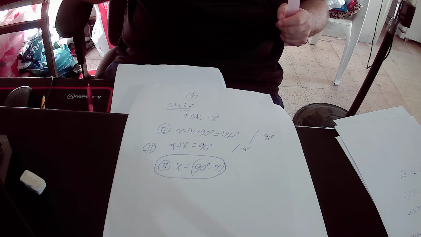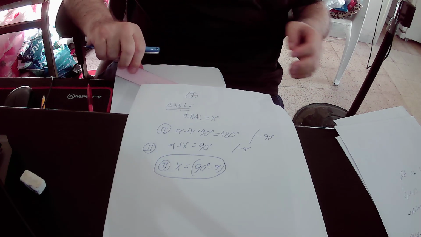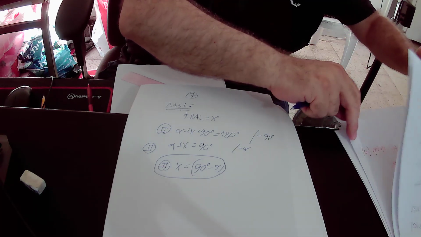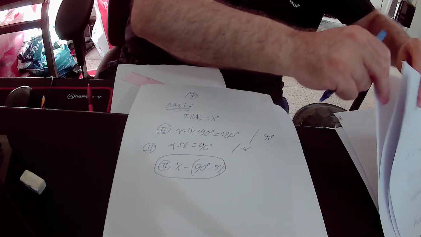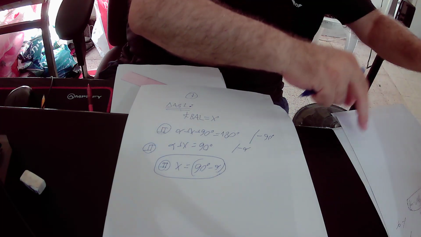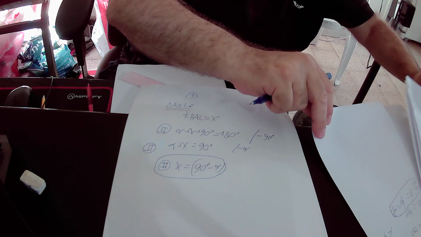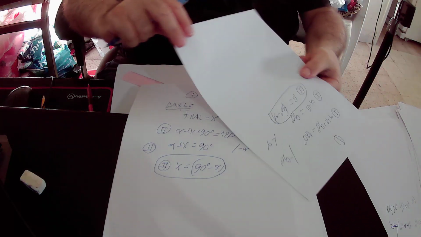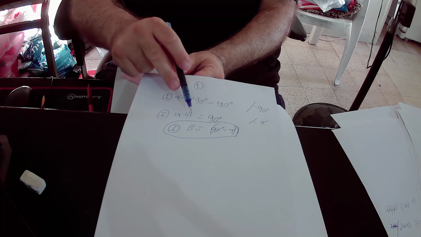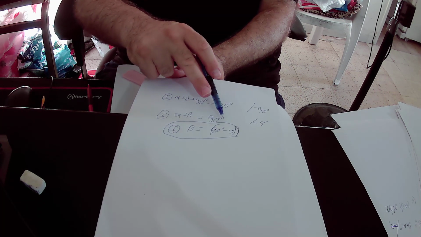This is our second equation. But according to equation number 1, beta equals 90 degrees minus alpha also.